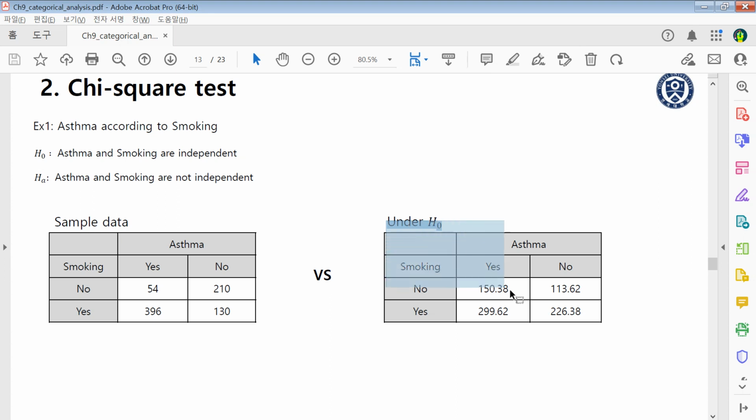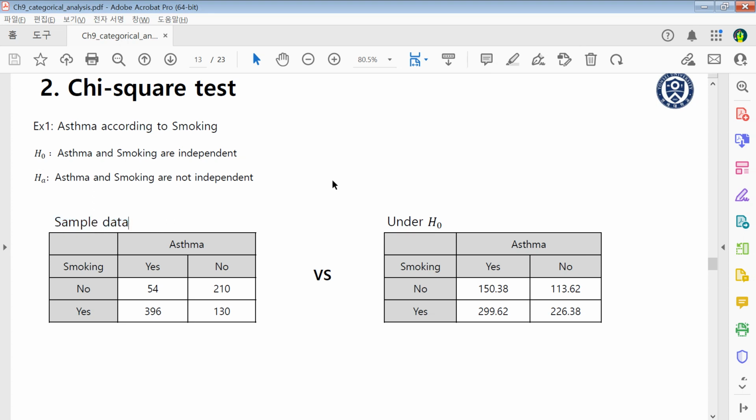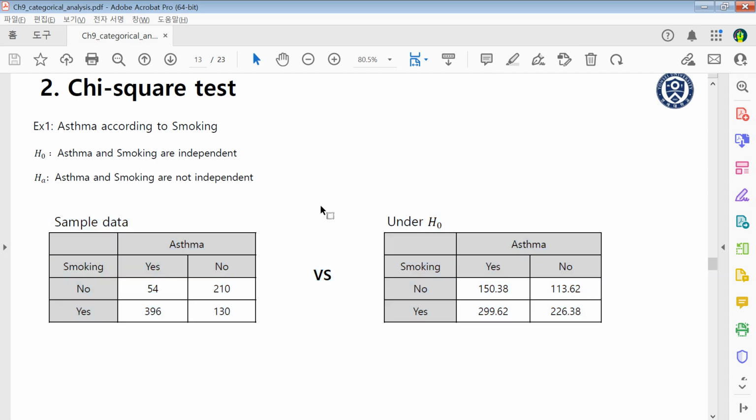So this is our contingency table under the null hypothesis, and this is the contingency table that we just observed as sample data. Based on the null hypothesis, we can do a hypothesis test by comparing these two contingency tables to each other.